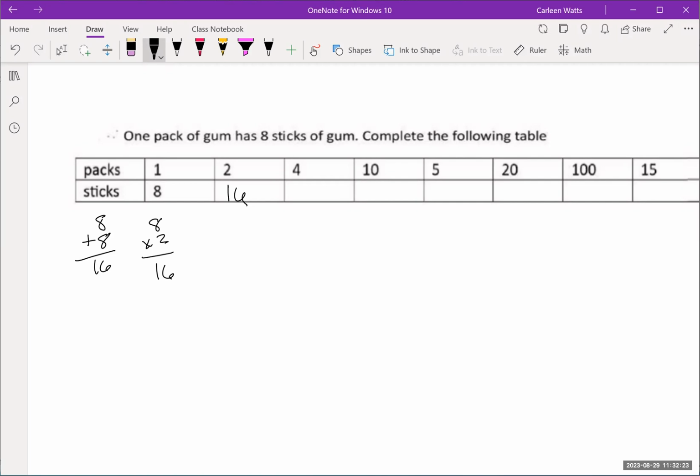Okay. If you grabbed the packet at the very beginning, sorry, this problem wasn't in there. Okay. 4 packs of gum. What are the different ways I could do this? It's 8 times the number of packs. So 8 times 4. 32.